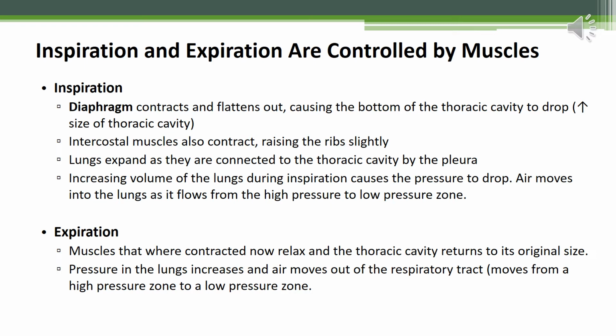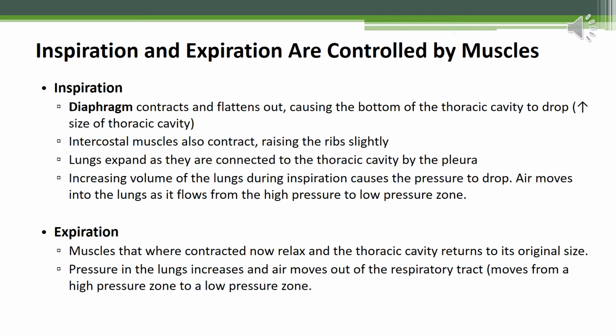This allows the lungs to expand as they are connected to the thoracic cavity by the pleura. So the thoracic cavity has increased in volume such that the lungs also increase in volume, and this causes the pressure to drop, which results in air moving into the lungs as it moves from the high pressure to the low pressure zone.